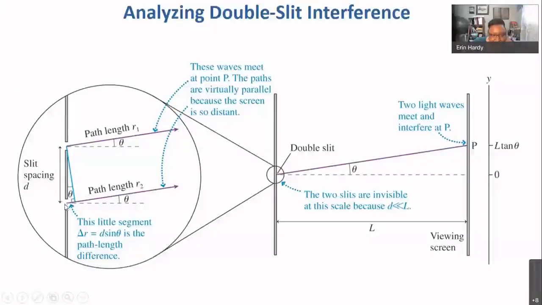So that right triangle has some non-zero height. Since we're concerned with the path length difference, the slight difference in the distance that this light ray has to travel to get to the screen as opposed to the second light ray, we can call that tiny vertical leg of this right triangle delta R. So that's the hypotenuse d times the sine of theta.